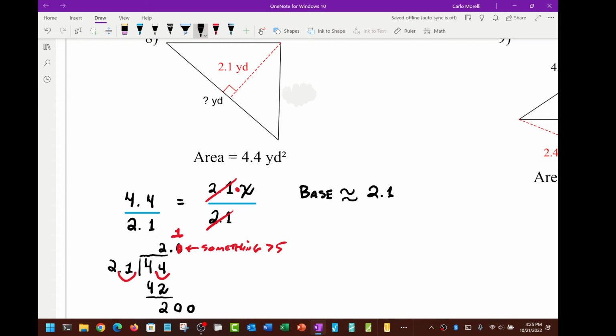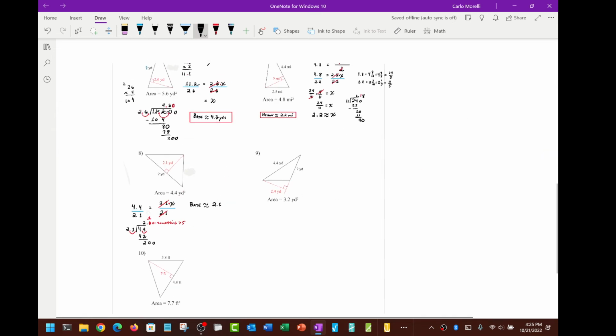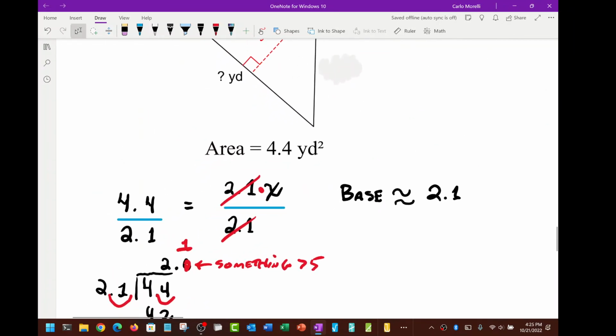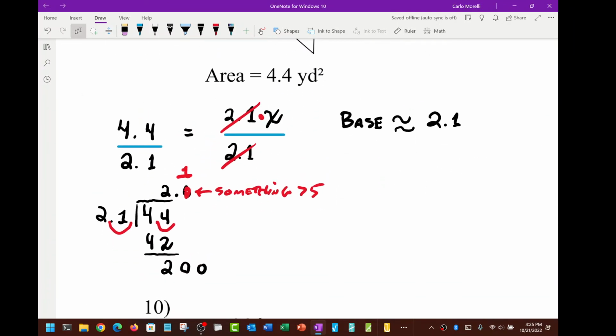And I just realized that I made a mistake. We're going to back up here. I bet most of you saw the mistake and probably are screaming at the computer right now.